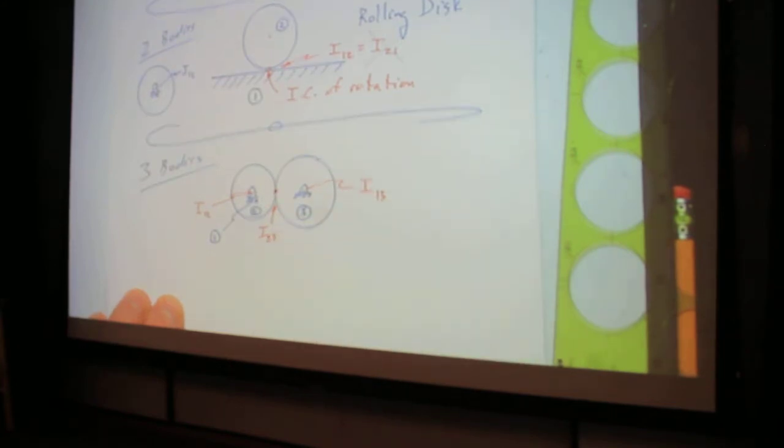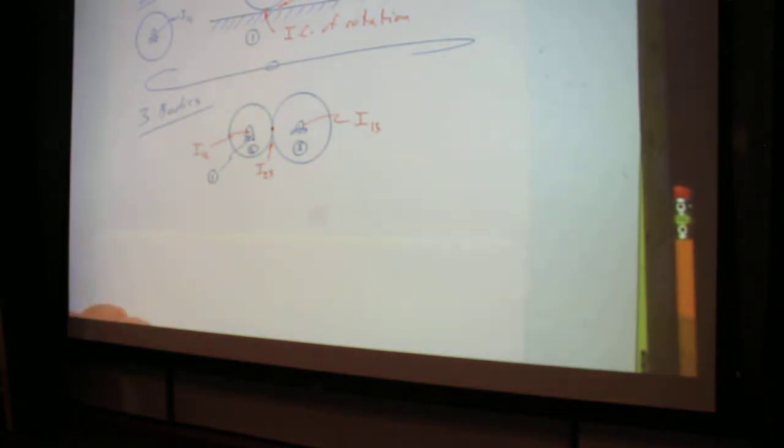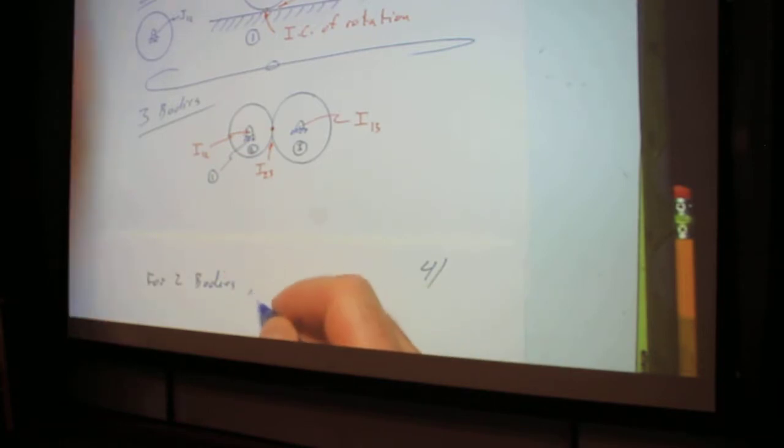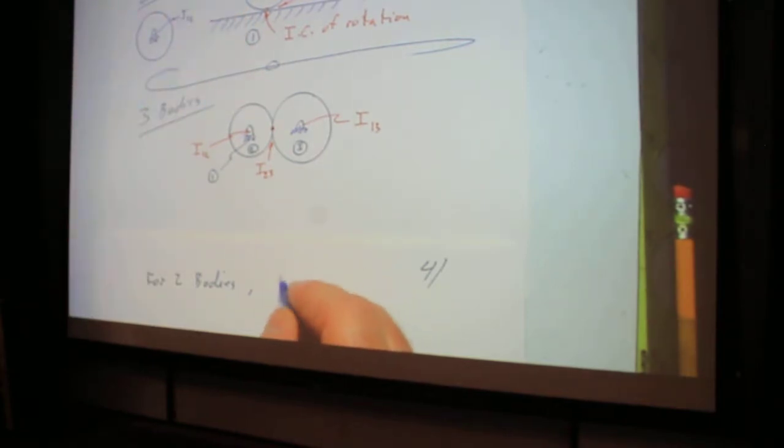Okay? So that's I23. So what I want you to note here is, for 2 bodies, if you look back at this, we had 1 instance center.